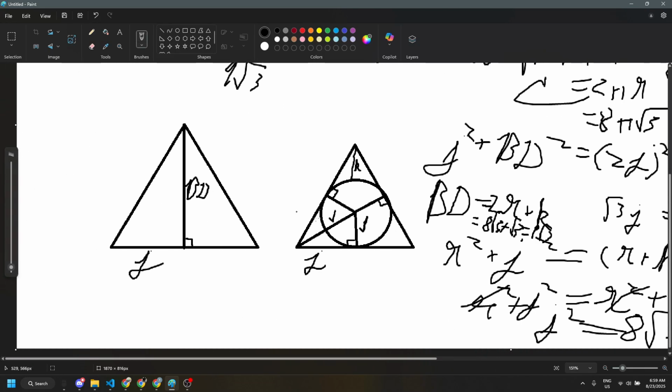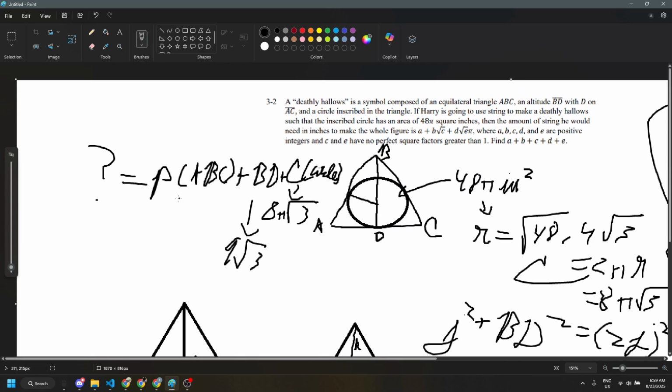Then, this is equal to 1, 2, 3, 4, 5, 6 times 9, which is 54. So our answer is 54 plus 9, 3, 8, 3.